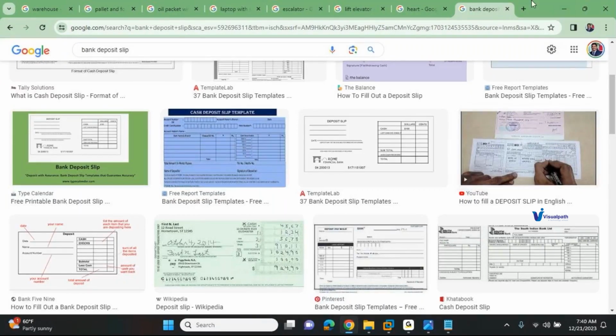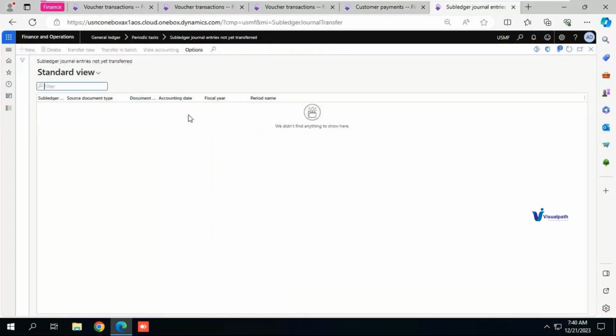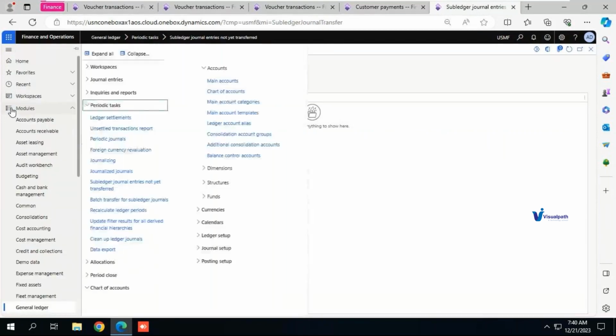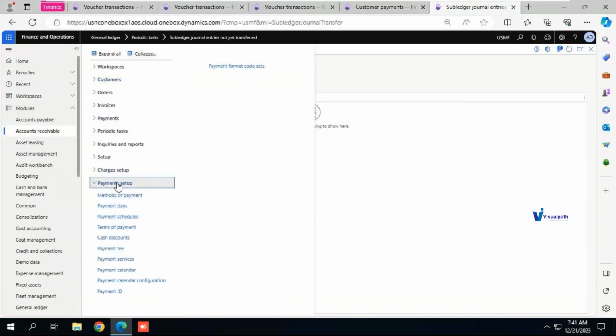So whenever you receive a check from your customer, make sure the deposit slip is mandatory. And then this is the bank and this is the payment reference number. All these setups we have configured here in the accounts receivable module, under Setup, in Methods of payment.